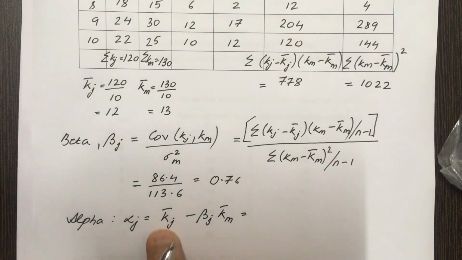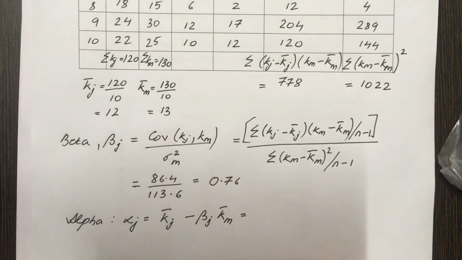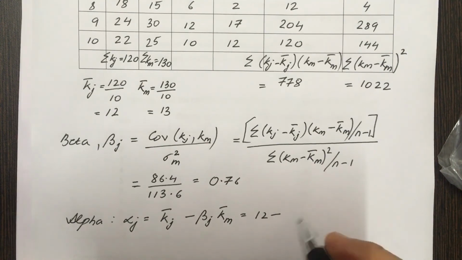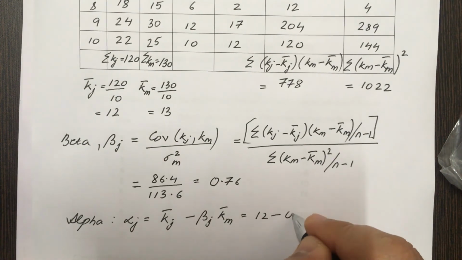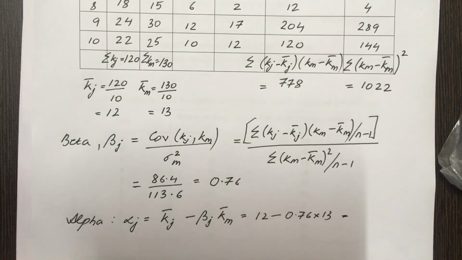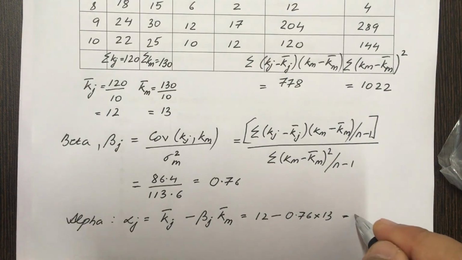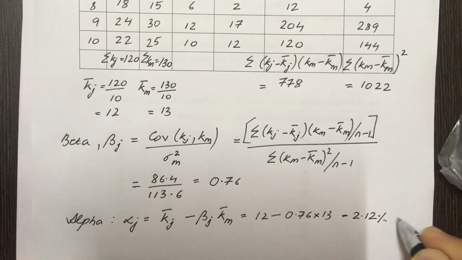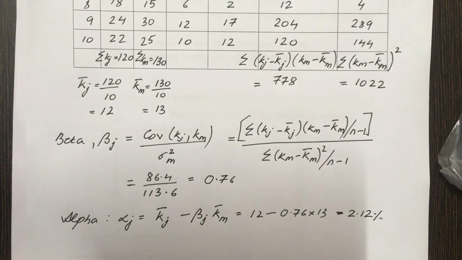You know what is K bar j? We've already found out, 12 minus beta 0.76 into 13. So find that out. You will get 2.112%. So that is your alpha, okay, the intercept term.